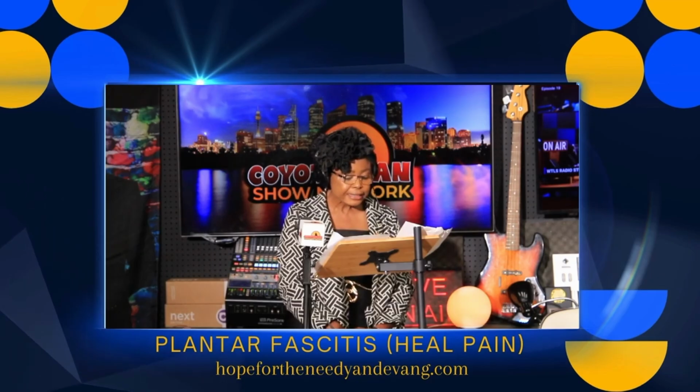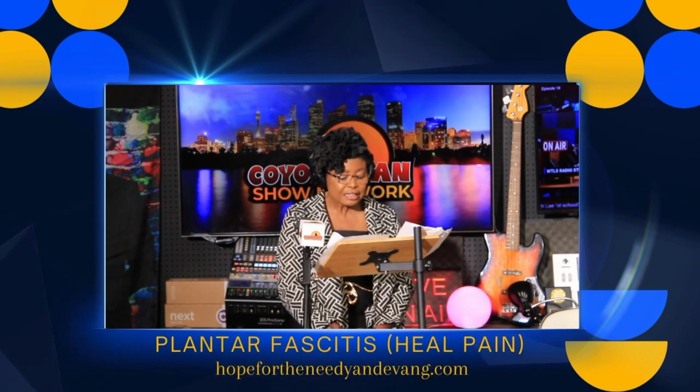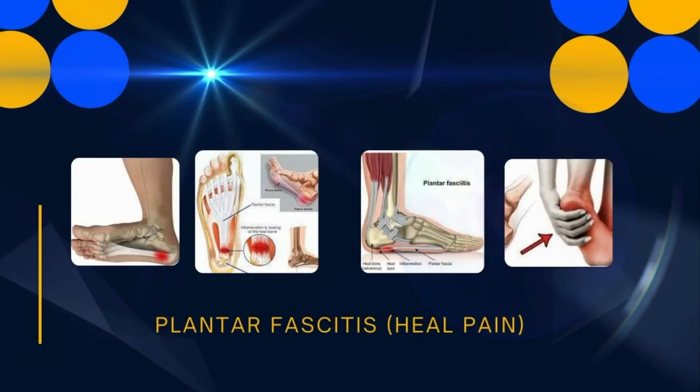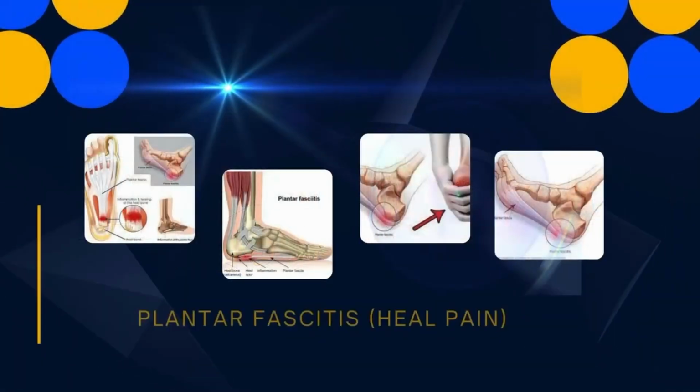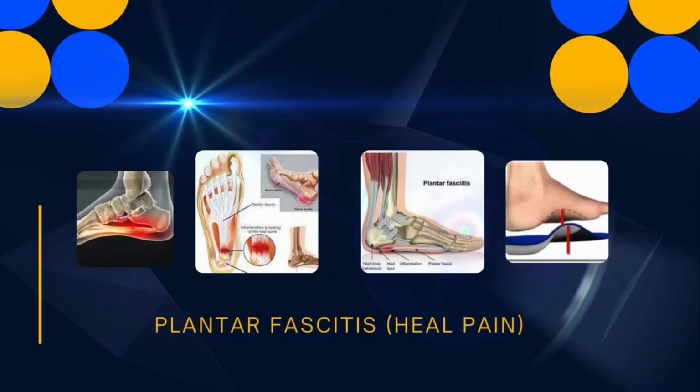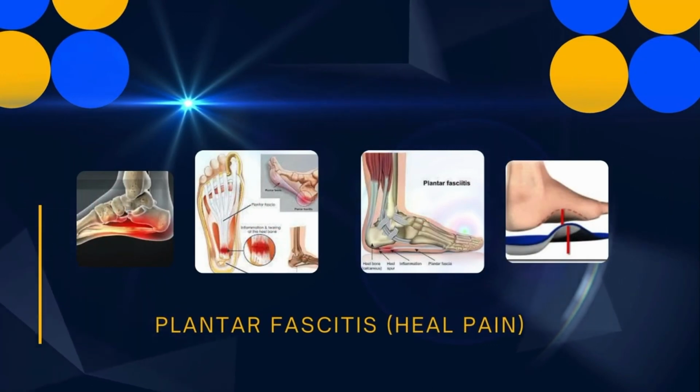The windlass test, extension of all the metatarsophalangeal joints, significantly increases strain in the plantar fascia and also in the tibial nerve, LPN and MPN. LPN is lateral plantar nerve and MPN is medial plantar nerve.